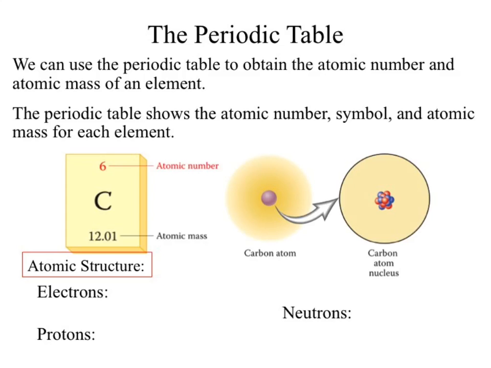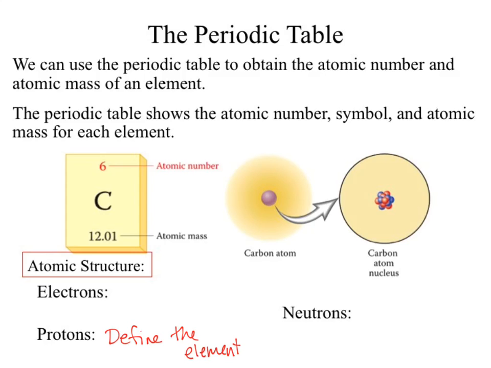So what do the protons tell us? Protons will define the element. If you've got 60 protons, then, oh, that was a bad example, I don't know that one. 76 protons, you've got osmium. So the number of protons will tell you exactly what that element is. If we change the number of protons, what happened to the element? It also changed.